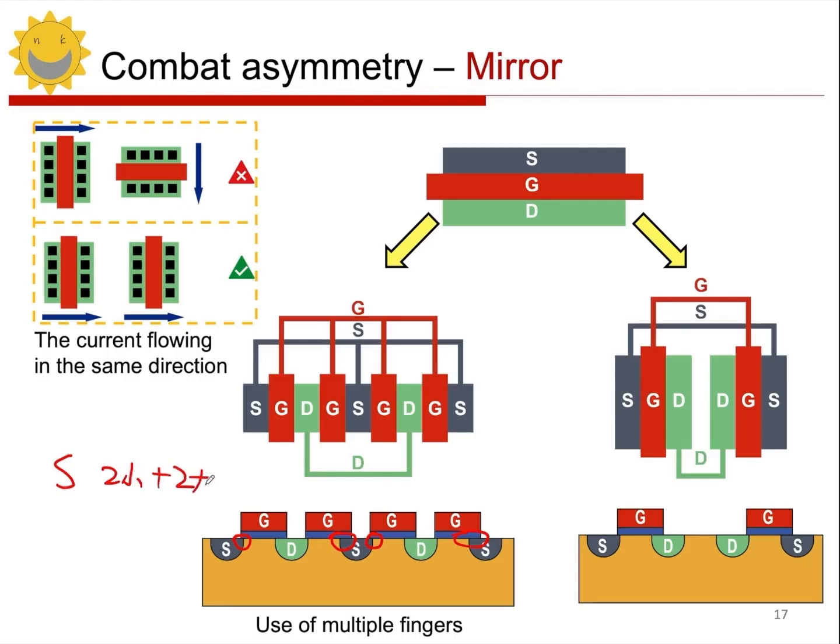Now for the drain, you can see that this overlap is large, and this overlap is small, right? This overlap is large, and this overlap is small. So the drain also consists of 2 small overlaps plus 2 large overlaps. After doing this, we can see that the total overlapping area of the source and drain is equal, right? So in this way, we have addressed the original drain.